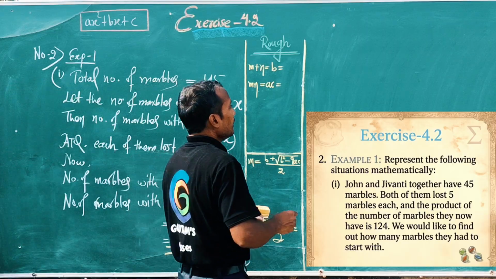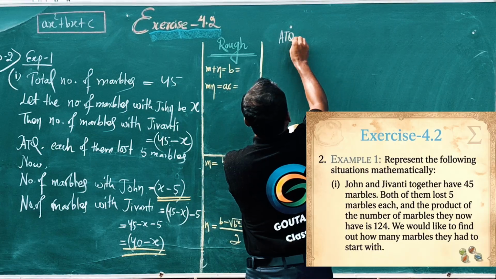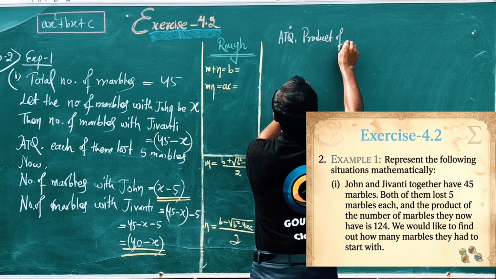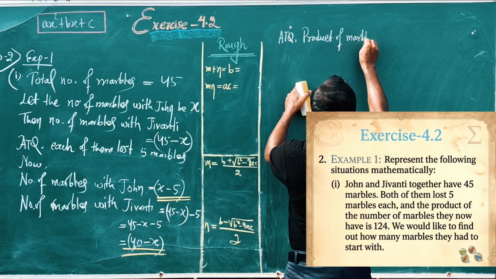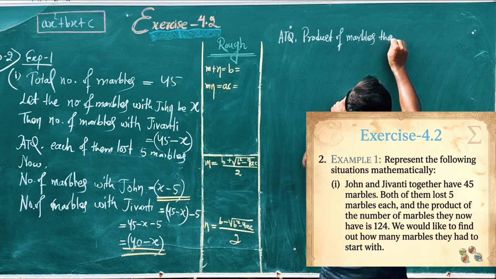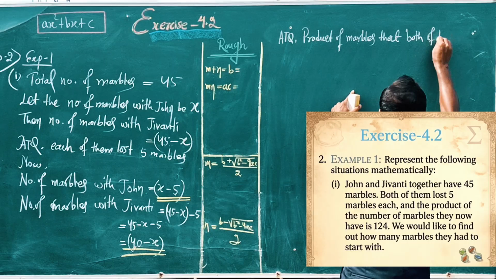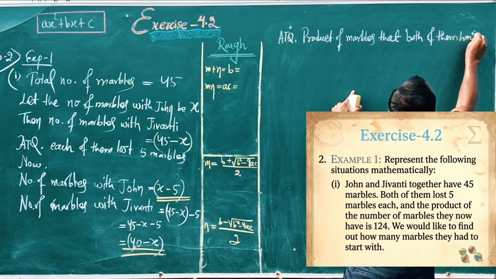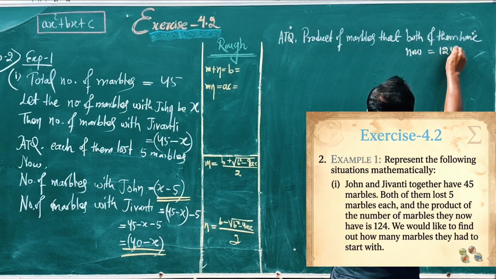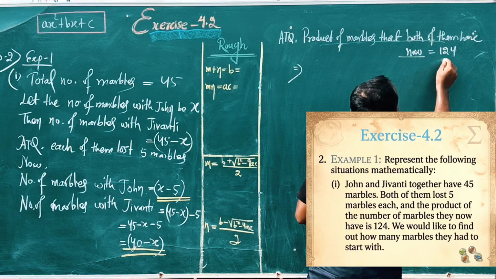According to the question, the product of the number of marbles that both of them have now is 124. This expression is my LHS, and this is RHS.